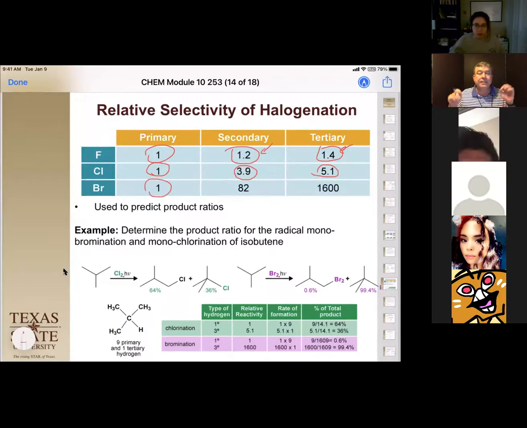With bromine, because it's a lot less reactive, we end up getting a much bigger selectivity, 82 times that of the primary, and 1,600 times that of the tertiary. Okay, so we can use those numbers and the total number of reactions possible to predict our product ratio.